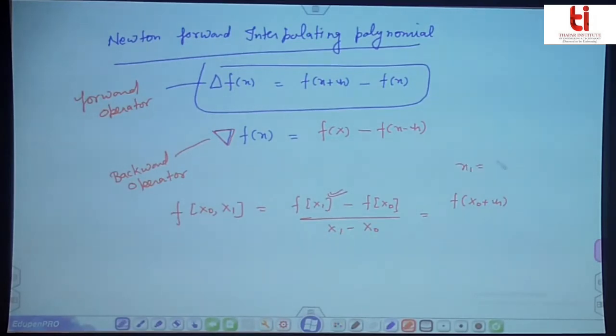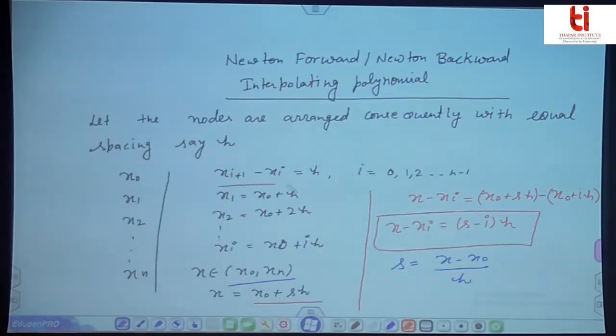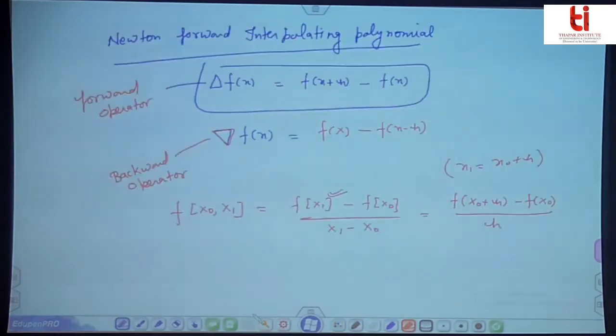Since x1 equals x0 plus h, we write f(x0 plus h) minus f(x0), upon x1 minus x0. The spacing is h, as we have already assumed that the difference between consecutive points is h. So this comes out to be f(x0 plus h) minus f(x0) upon h. From the forward operator definition, this is delta f(x0) upon h. So the value of f[x0, x1] is delta f(x0) upon h.